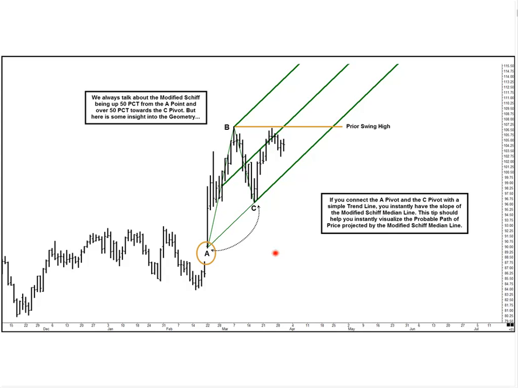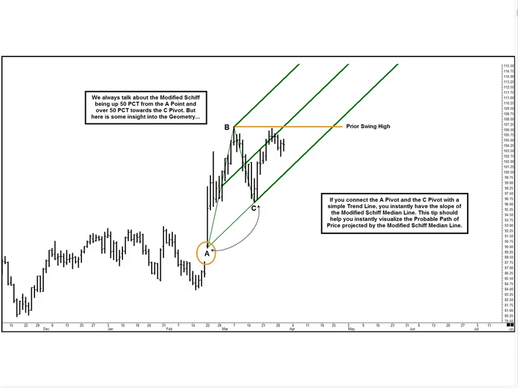Now, here's a little tip that I know from spending all the years. In fact, I was there when Jeremy Schiff first presented his statistical research to Dr. Andrews. And he said originally, let's just go up 50%. So his A would be over here. Dr. Andrews went back and did some research and came back and said, no, let's go up 50% and over 50%.